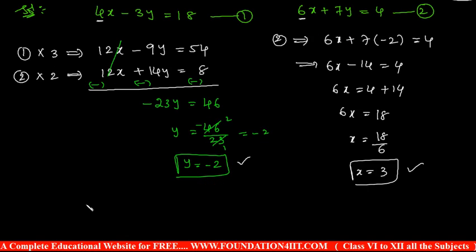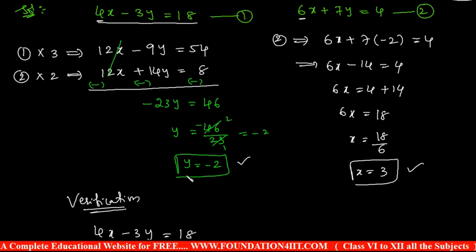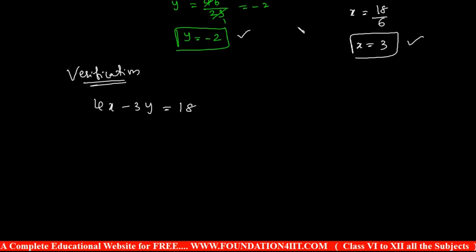Verification also you can do. I will show the verification for one of the equations. So take any one of the equations. I am taking the first one, 4x minus 3y is equal to 18, right? These two values we should substitute. We should get the given RHS. x is equal to 3.